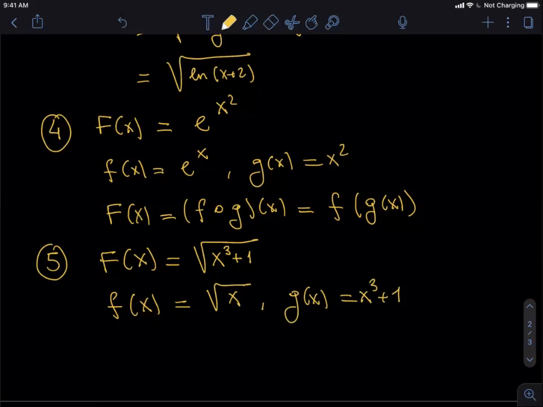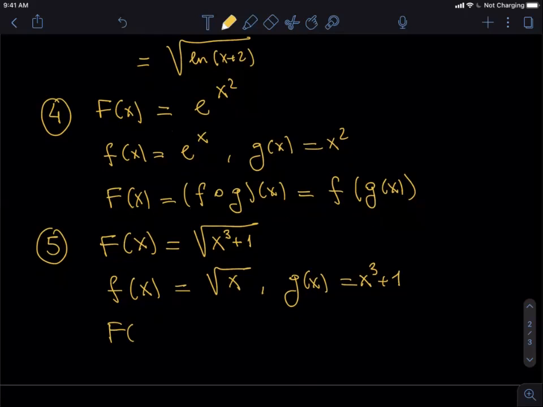Okay. This is not the only choice. You may have decided to do something else, but this is the simplest possibility. Okay. If I write like this, F of x is f composed with g, which is f of g of x.